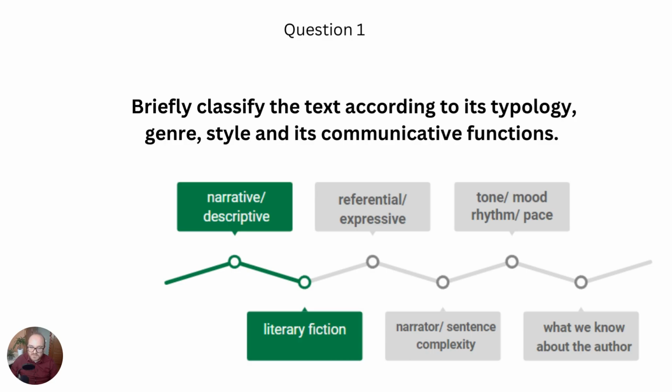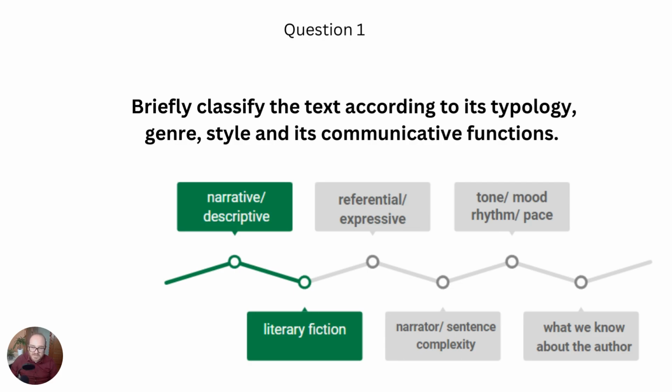The main communicative functions of the text are the referential and expressive. The referential function is used to convey information about the characters, their actions, and emotions. The expressive function is used to convey the author's attitude and feelings towards the characters and the events described in the story. The narrator is a first-person narrator, which allows for an intimate look into the protagonist's thoughts and feelings.